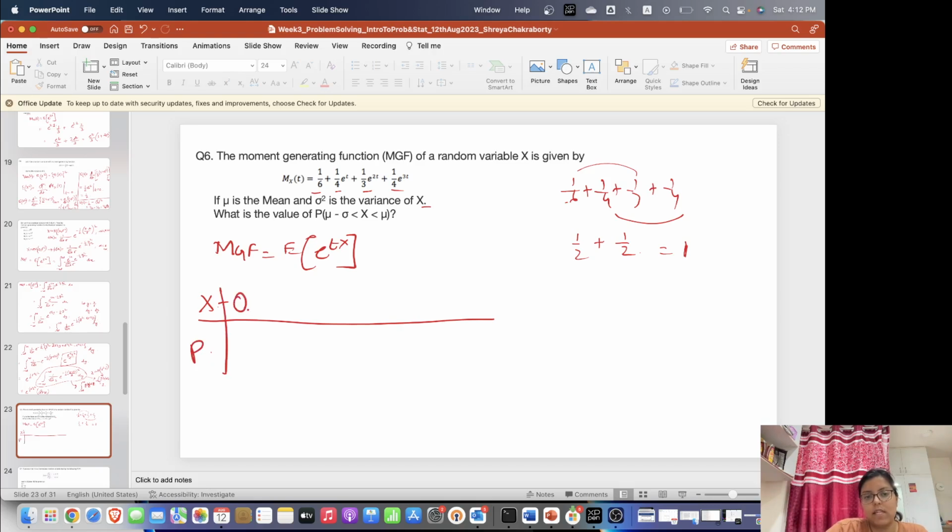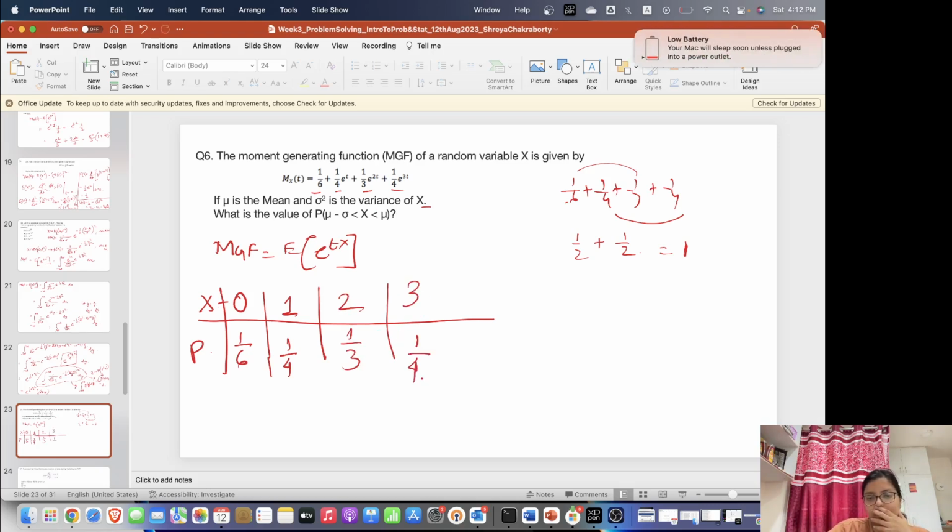So x when 0, e to the power 0 is 1, and probability x equal to 0 is 1/6. When x is 1, e to the power 1t, probability is 1/4. When x is 2, probability is 1/3, and when x is 3, probability is 1/4.